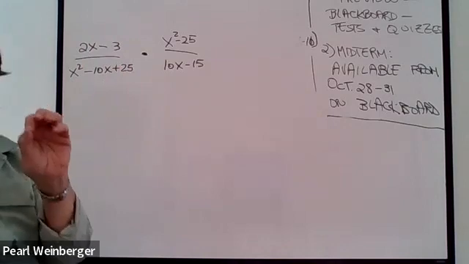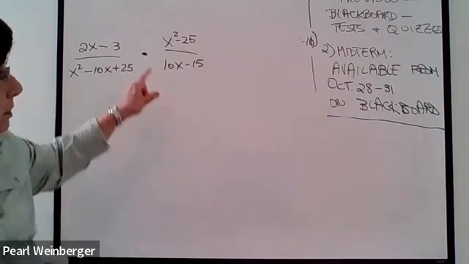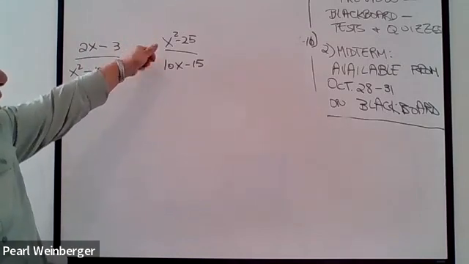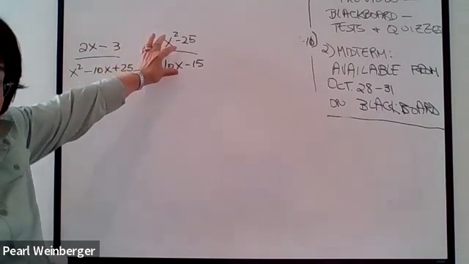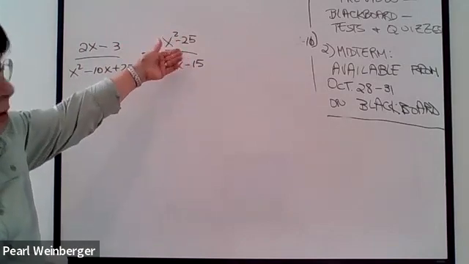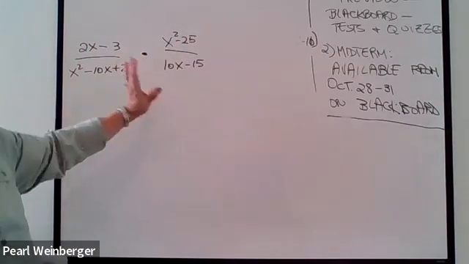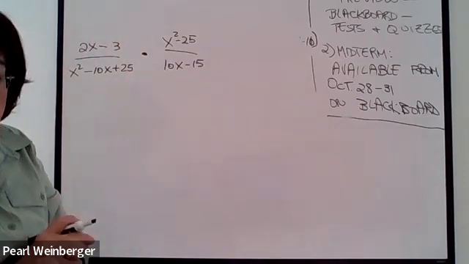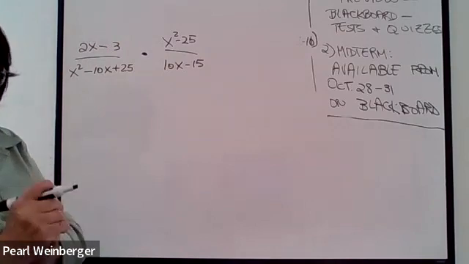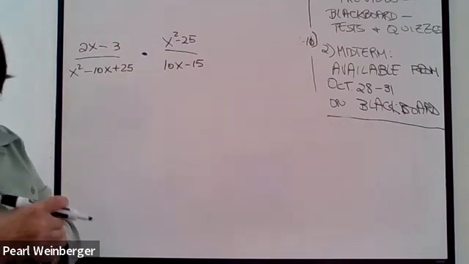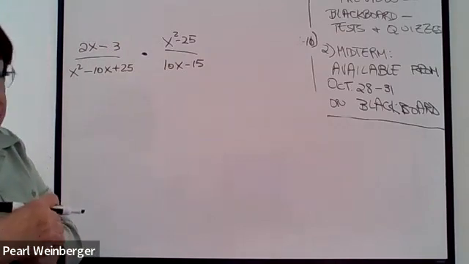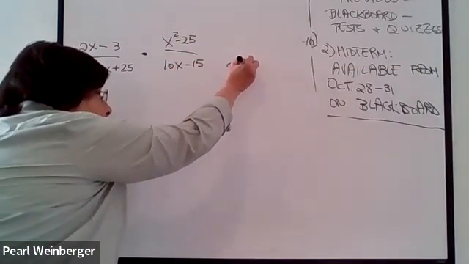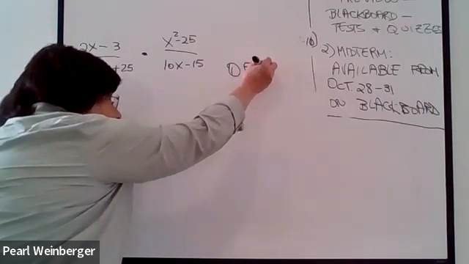The only difference is if this is a division sign, your first step is to take the reciprocal of the second fraction, which means flip it over, and then do the multiplication. So this is a regular multiplication. I don't have to take the reciprocal. I just have to do the multiplication. And if we recall, the first thing we're going to do is factor everything as much as we possibly can.